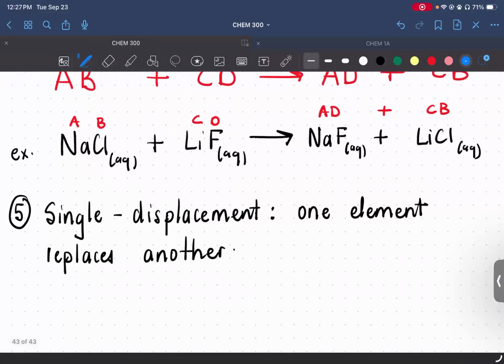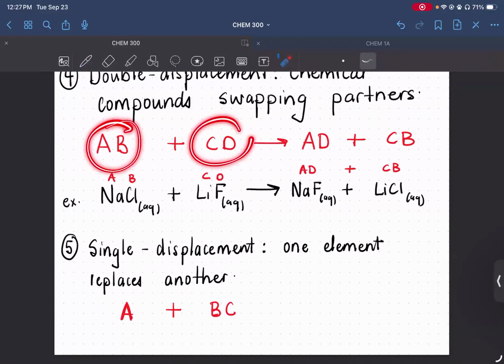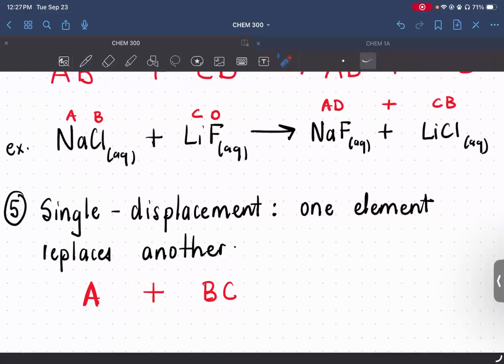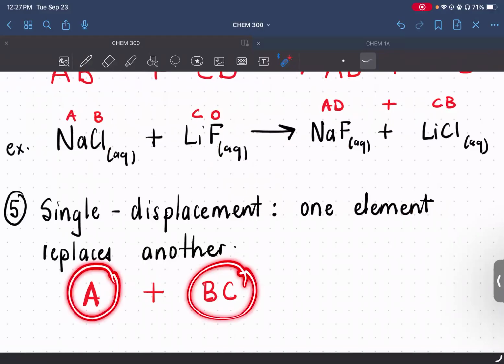What does that look like? The generic reaction between A and BC. Compare that to the double displacement up here where we had 2 explicit compounds. In single displacement, we have a compound and an element.